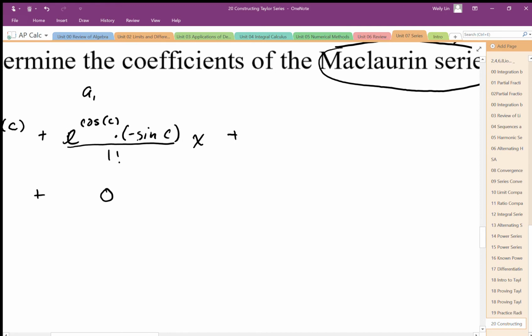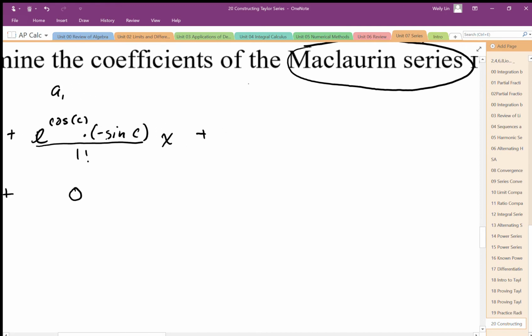So the next term we call a2. Okay, we're going to use the product rule here.